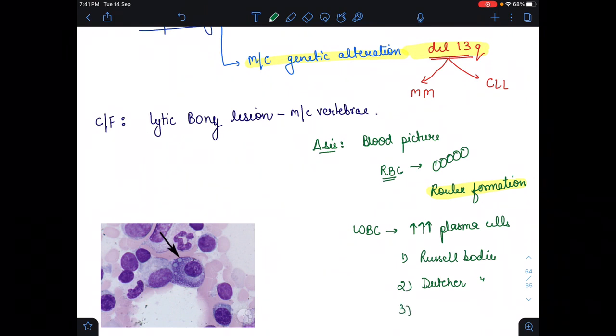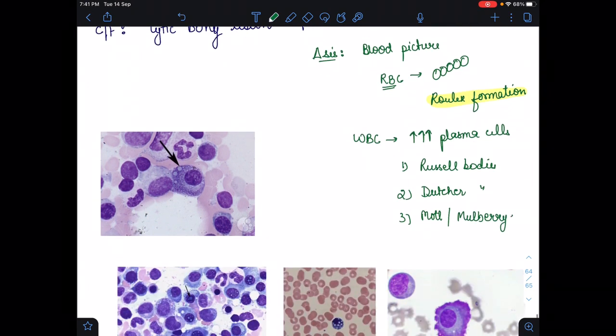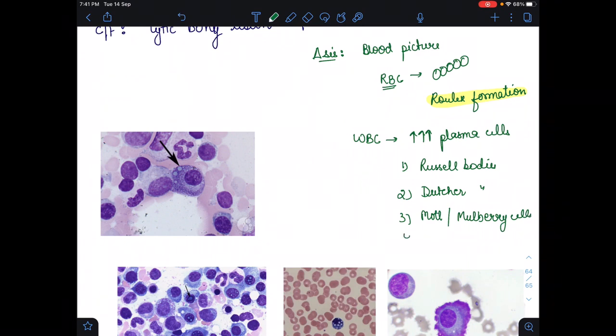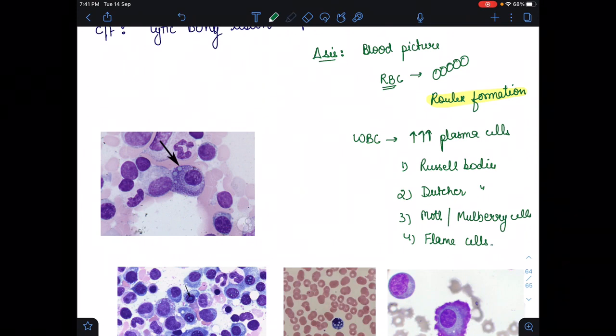We also see Mott cells, another name for which is Mulberry cells, and flame cells. So all of these are seen in multiple myeloma: Russell bodies, Dutcher bodies, Mott or Mulberry cells, and flame cells.